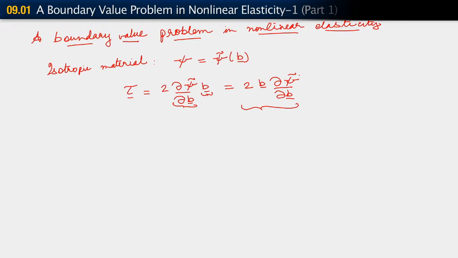From here, one can actually go a step further and consider what this means for the Cauchy stress sigma. Sigma, as you recall, is 1 over j tau. Okay, so that's 1 over j. Remember, j is the determinant of our deformation gradient, times any of these formulas.